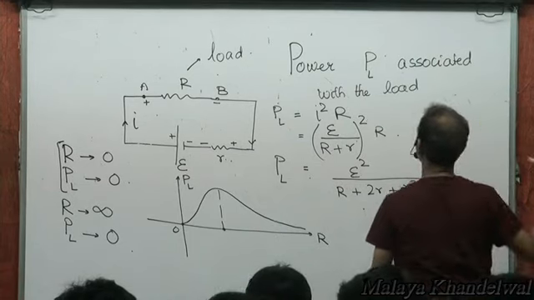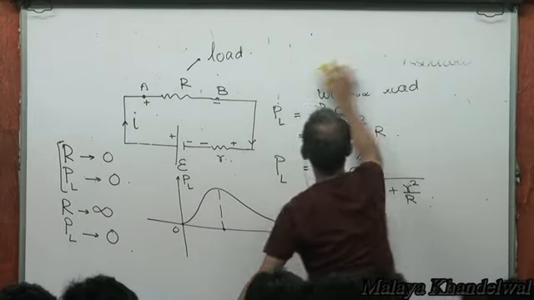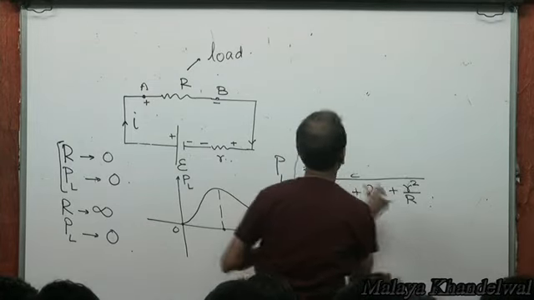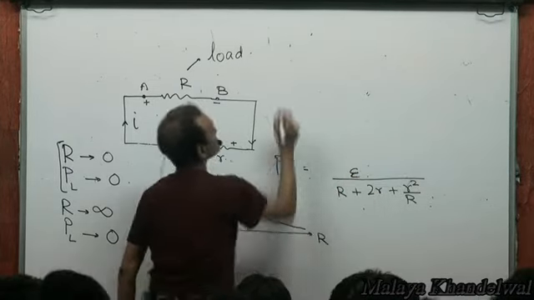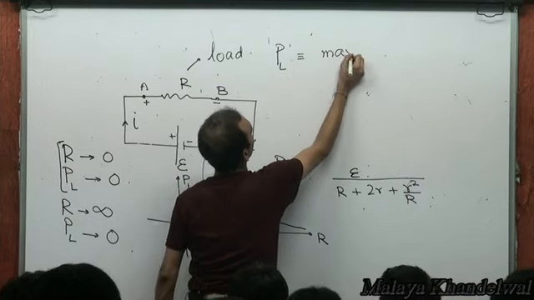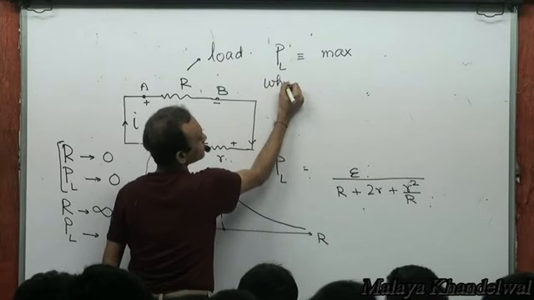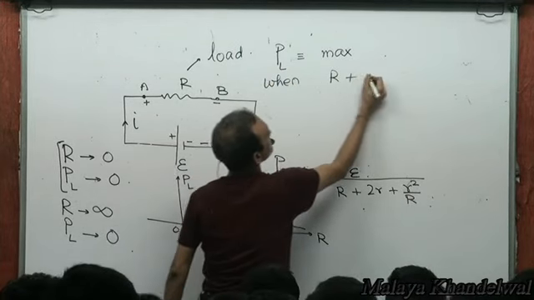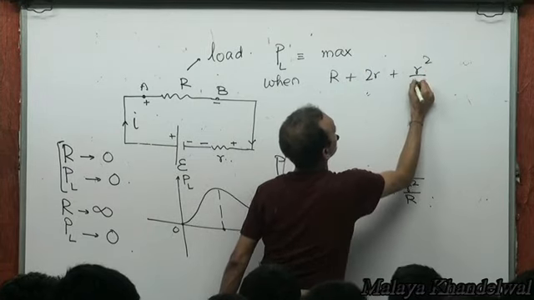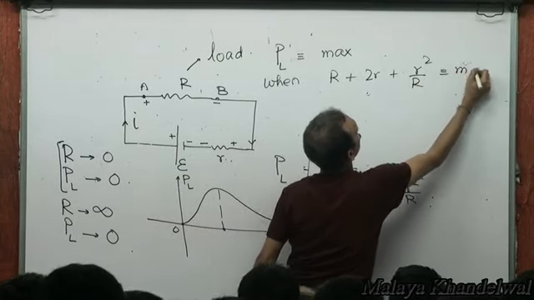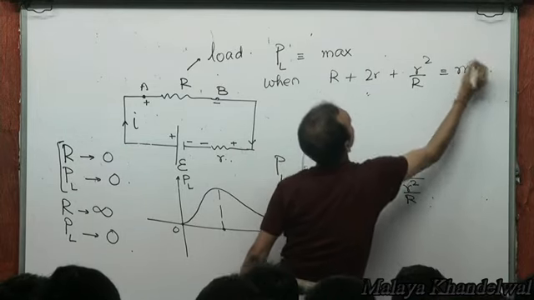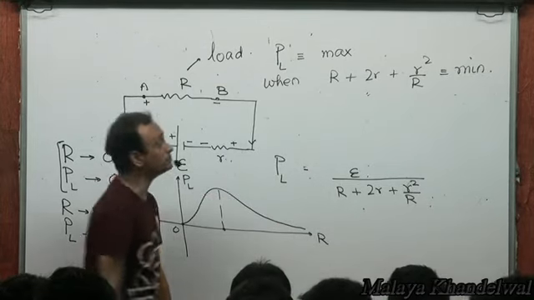Now, do you realize PL would be maximum when R plus 2r plus r squared by capital R is a maximum? I'm sorry, is a minimum? Right?